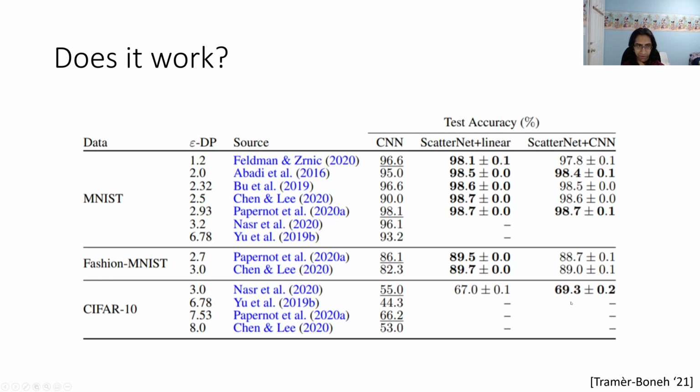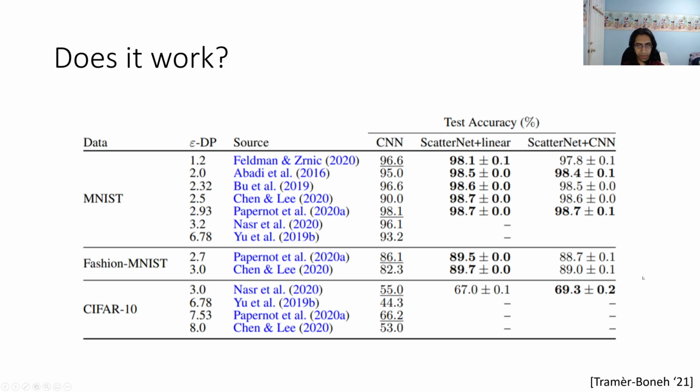Meanwhile, for CIFAR-10 non-privately, we can get, say, 99% plus. So it works for some maybe basic tasks. It can get pretty good accuracy, but in terms of more complicated tasks, it seems that this is still a challenge.